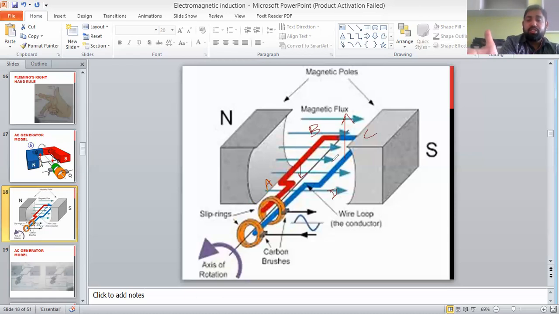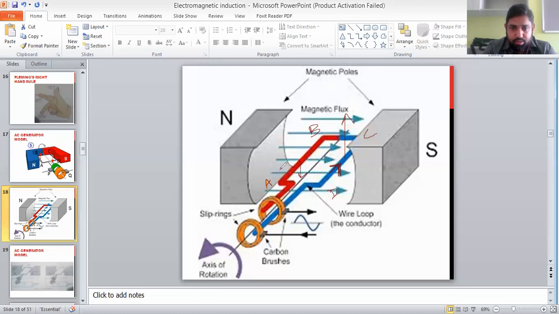So in wire CD, direction of current is D to C, that is, away from the observer. And in wire AB, because that is going down, direction of current will be B to A. Yes, B to A.